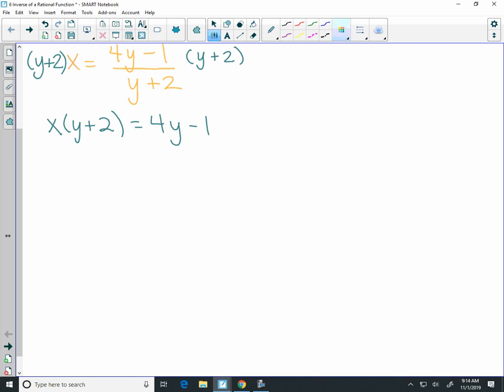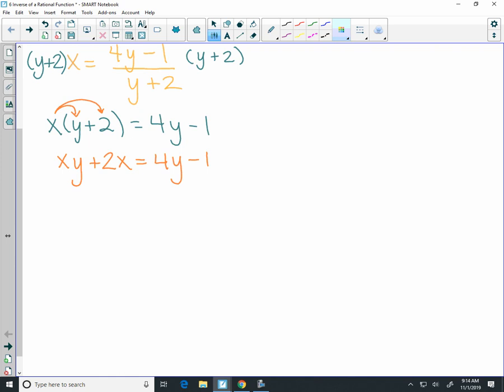Next, anytime we see parentheses, what do we think we should do? Yeah, distribute, and that's absolutely what we have to do here. It's not really an option. So clear your denominator, distribute.